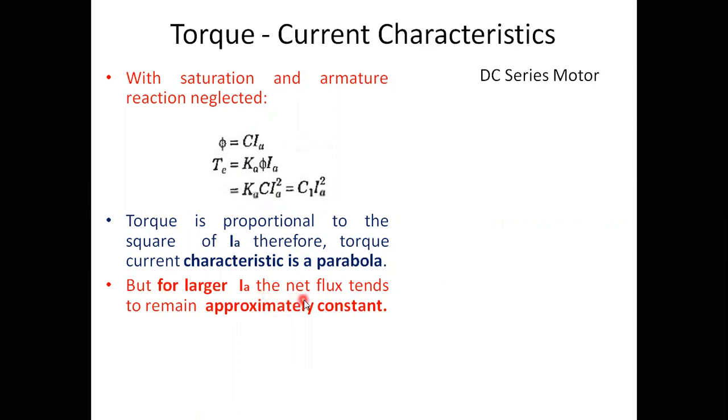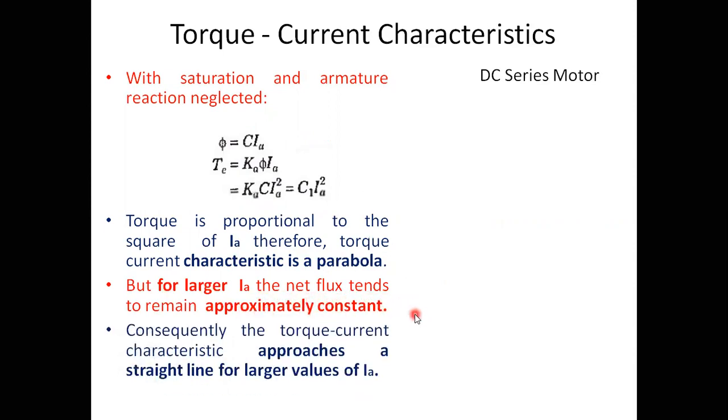But for larger values of Ia, the net flux tends to remain approximately constant. Consequently, the torque current characteristic approaches a straight line. As for larger values of current, flux tends to remain approximately constant, so the equation becomes an equation of a straight line.